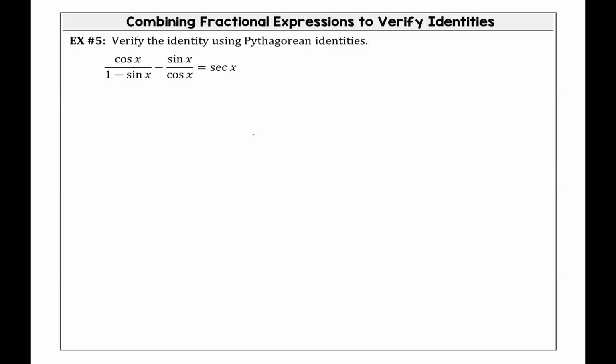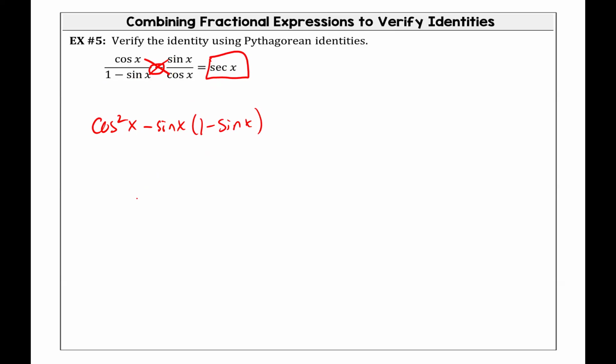Again, our goal here is secant x. Right now, I cannot combine these two because their denominators are not the same. So I'm going to cross multiply. And we get cosine squared x minus sine x, and then that's going to be times 1 minus sine x.